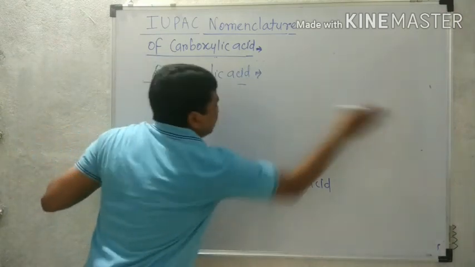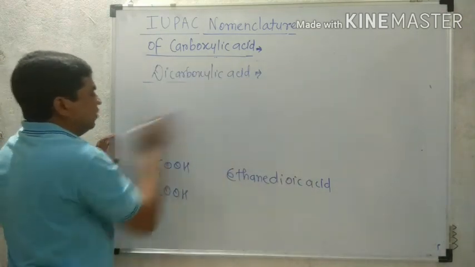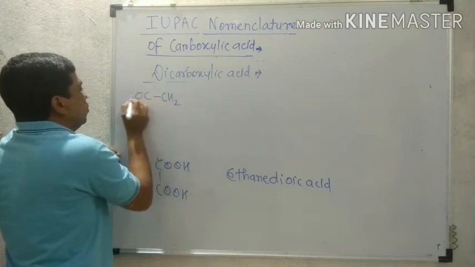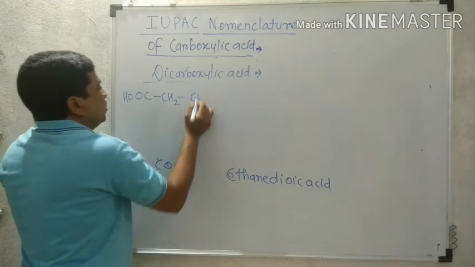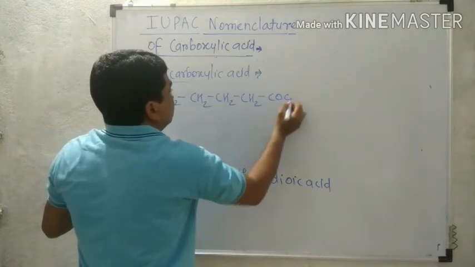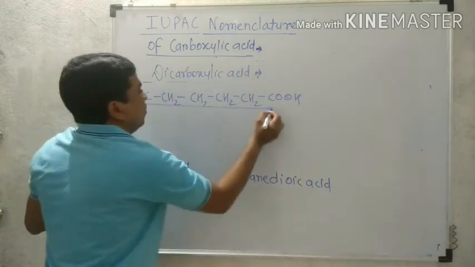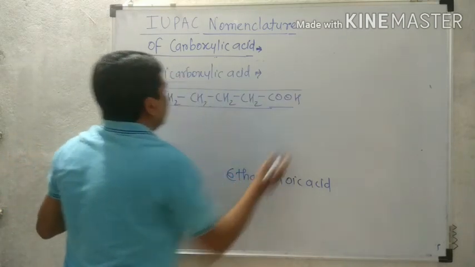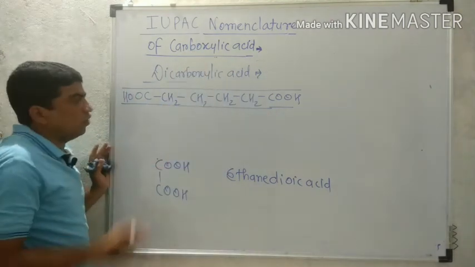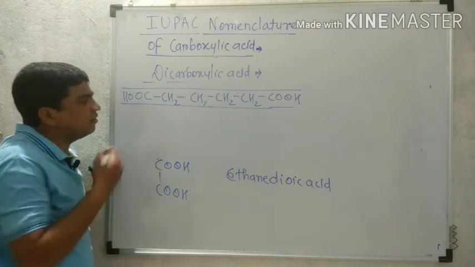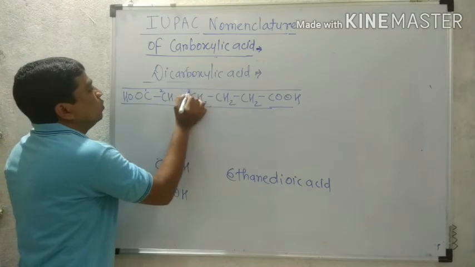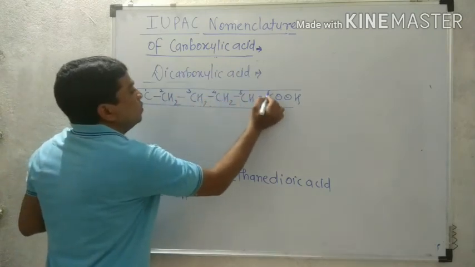Now the next structure from dicarboxylic acid is, if the structure is like that, COOH, CH2, CH2, CH2, CH2, COOH. So this is our parent chain, the parent structure containing 6 carbons. Now number from either end. It is similar when numbering from either end. So 1, 2, 3, 4, 5, 6.